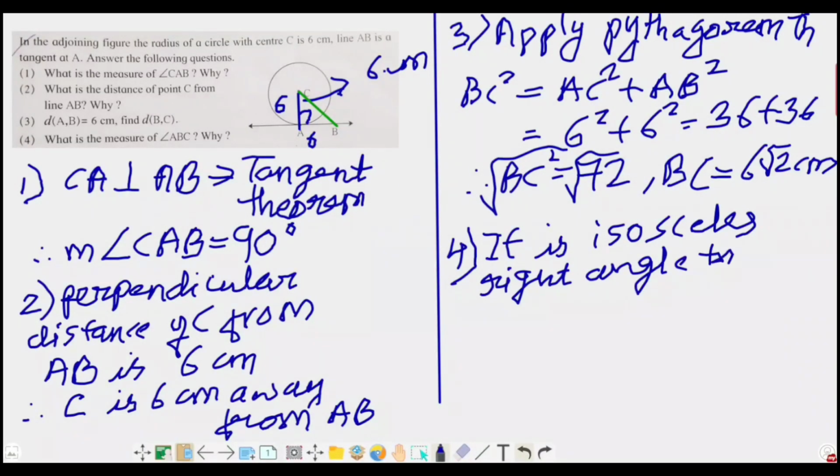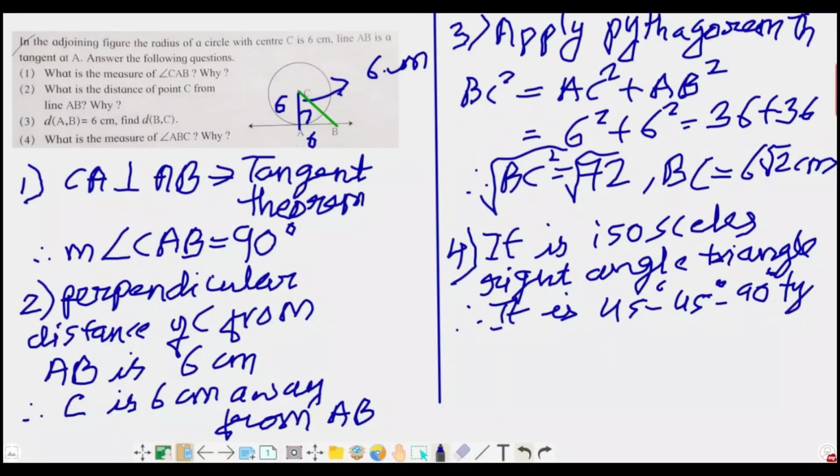Students, you know, if it is an isosceles right angle triangle, therefore it is 45, 45, 90 type triangle. Okay. So it means both the angles are equal and they are of 45. So your measure of angle ABC is 45 degree.